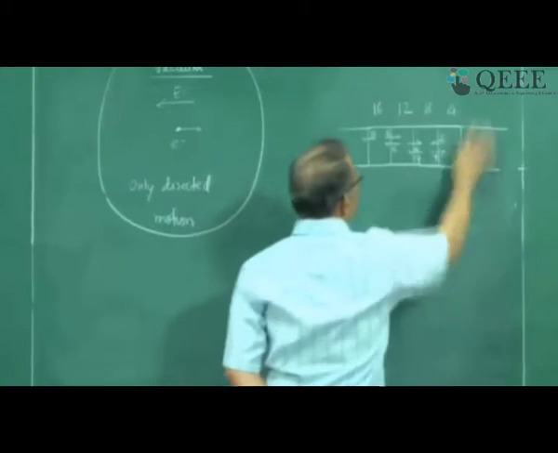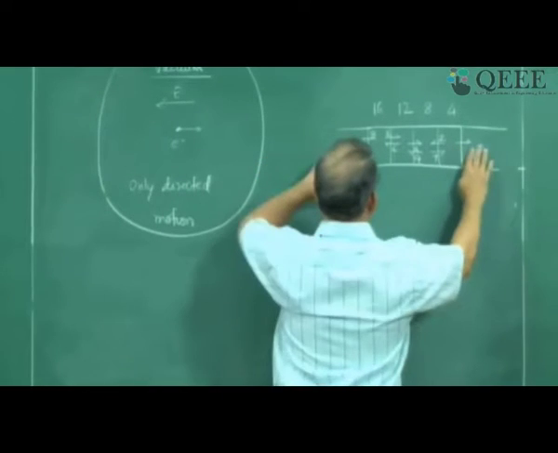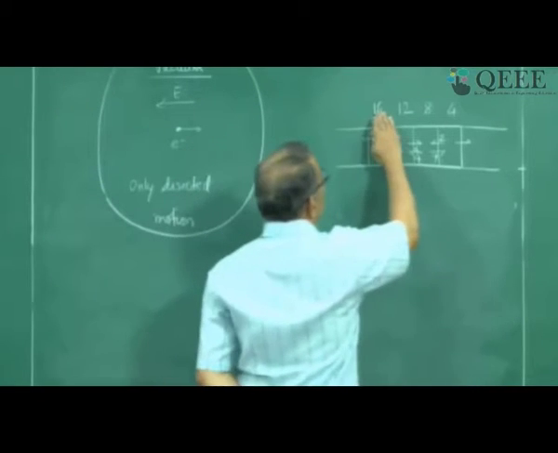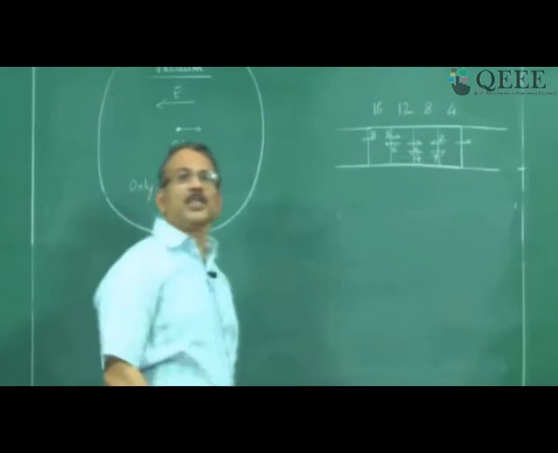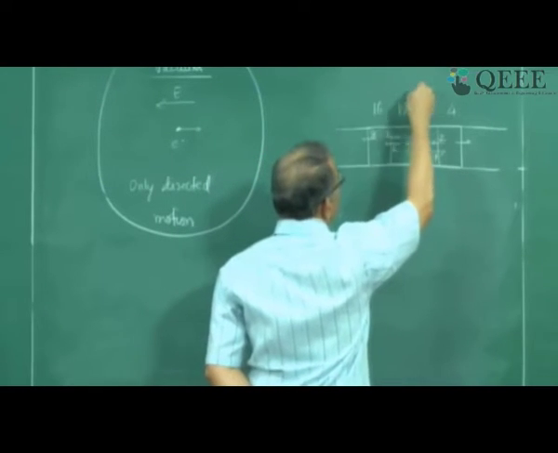Let us concentrate on this part, and not bother about what is happening in these two regions. Because of this concentration gradient, the electron concentration is decreasing: here it is more, then less, less, less.